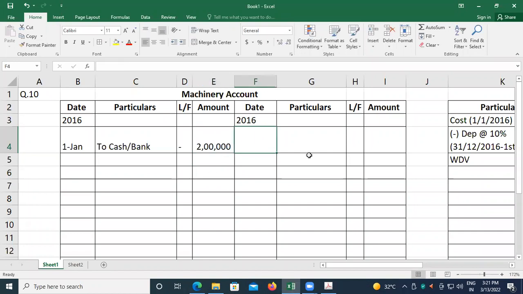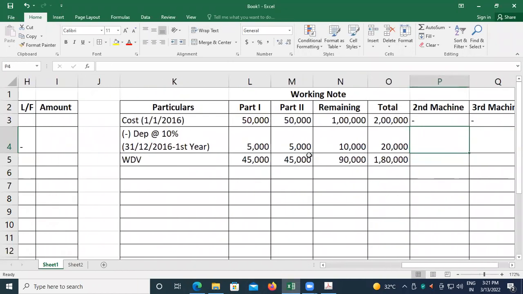Now, since we have charged the depreciation, we know we have to charge depreciation on 31st of December every year. So what will come here? By depreciation, LF will become nil. Now, can you see here? Depreciation, how much we charge for the year? 20,000 rupees. Okay.